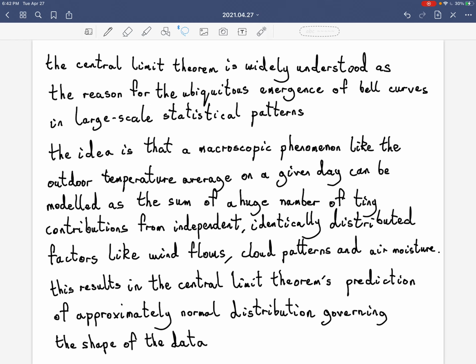So the sample allows you to approximate the mean and standard deviation of what's understood as an underlying phenomenon. And then you can use the normal approximation to assume that things are going to be shaped like a bell curve with that mean and standard deviation.